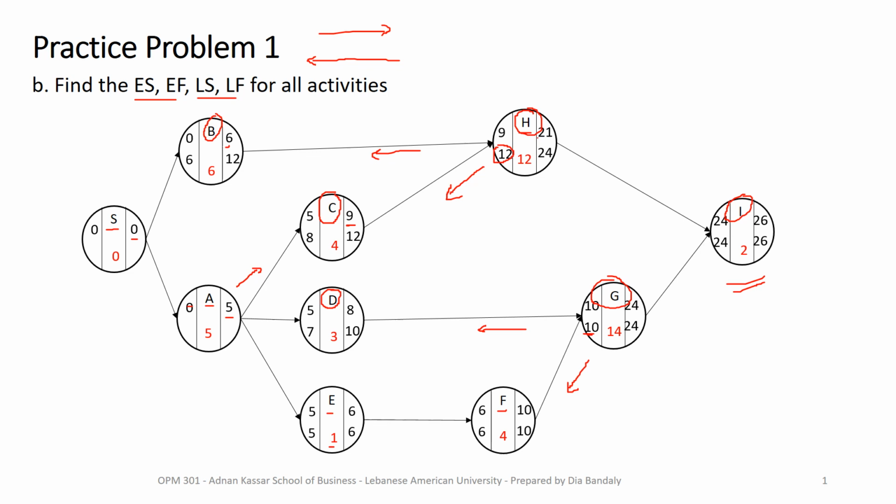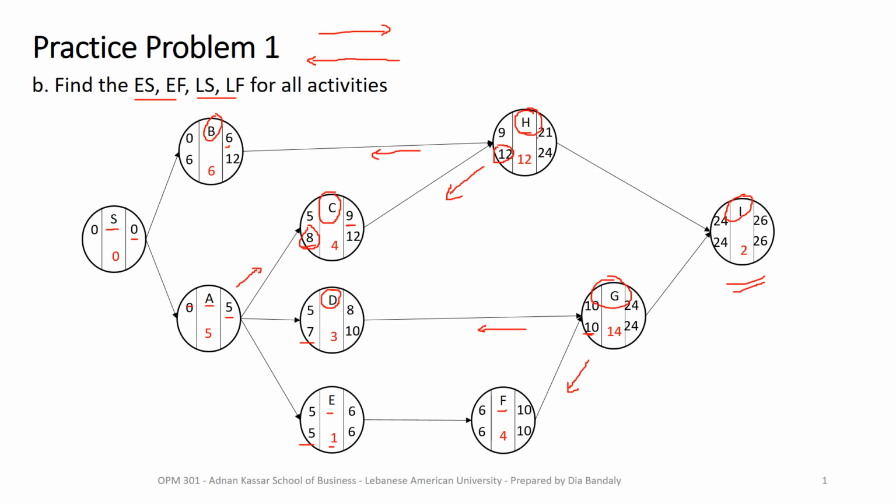Now you can notice that each one of these has a different latest start. Activity C has a latest start of 8, this has 7, and this one has 5. So for example, can I give the latest finish of A to be equal to 8? I cannot. Why?